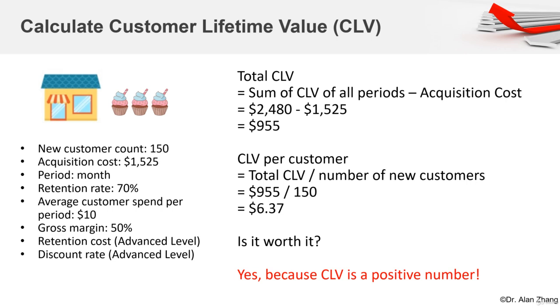In addition to that, if I want to know the ROI of this campaign, return on investment, how do I know that? Think about how we should get the ROI of this campaign, and how I should use method 2 to calculate CLV using the basic definition. Try to do that yourself, and I will talk about that in the next video.